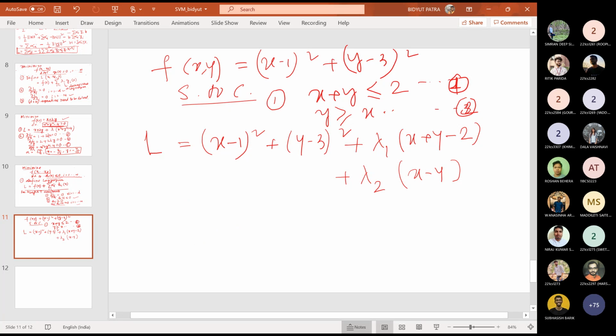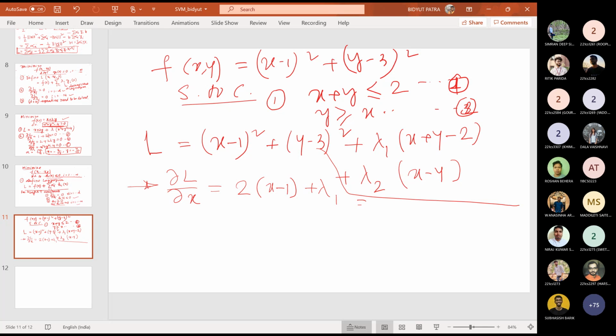Then it has to satisfy the conditions. Let me write them. First, with the variables x and y we differentiate, and that should be 0. Differentiating with respect to x, this should be 2 into (x minus 1) plus lambda 1 plus lambda 2 equal to 0.